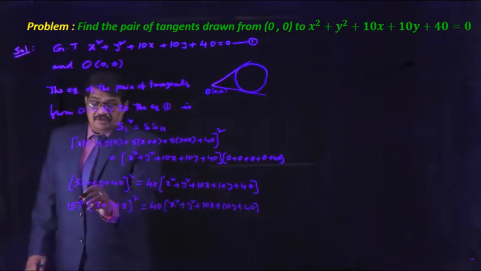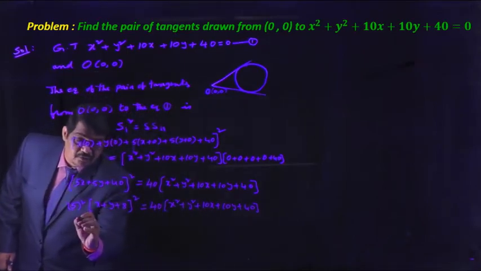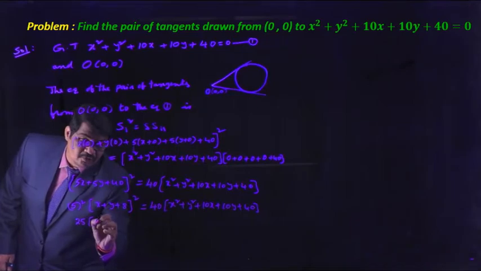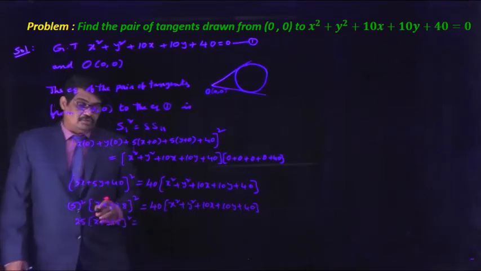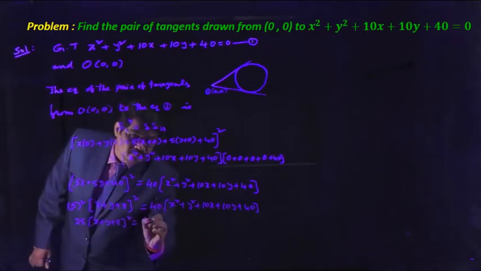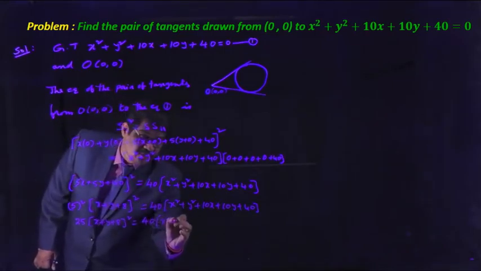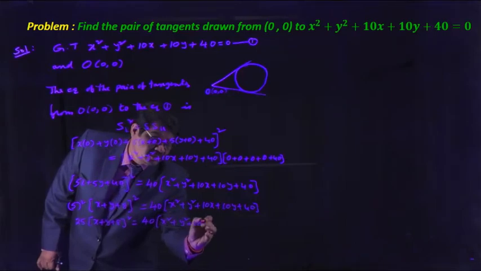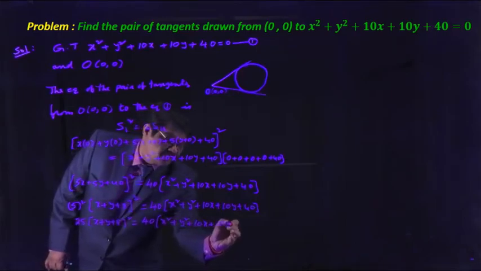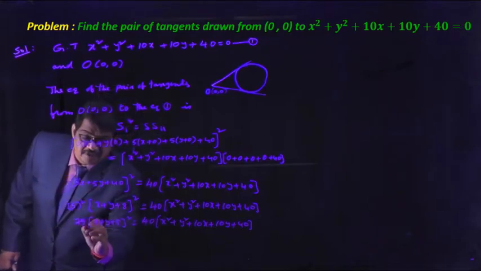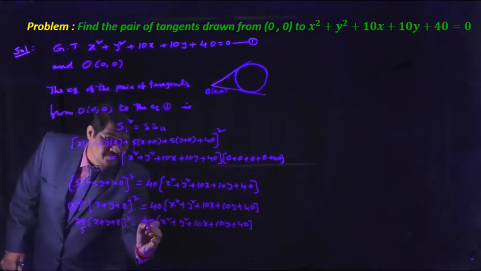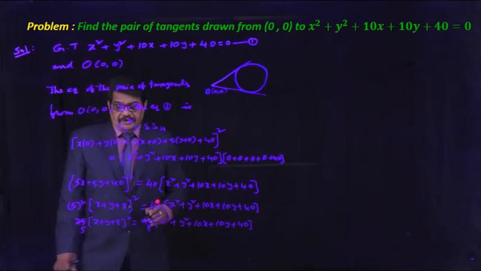What is 5 square? That is 25 into (x plus y plus 8) whole square is equal to 40 into this circle. Here 5 fives are 25 and 5 eights are 40, so cancel.